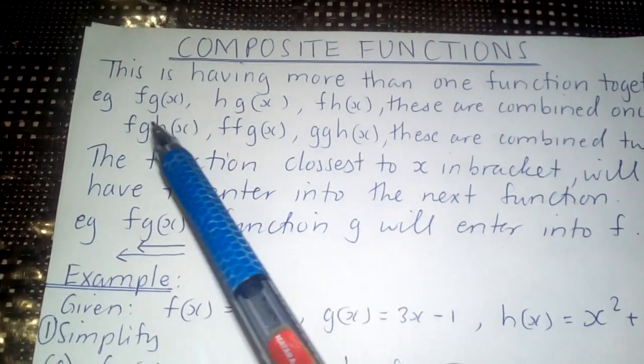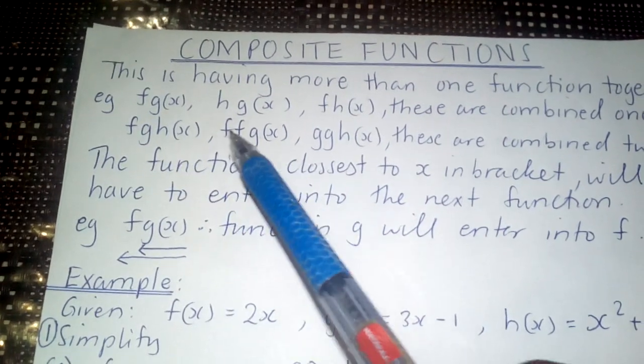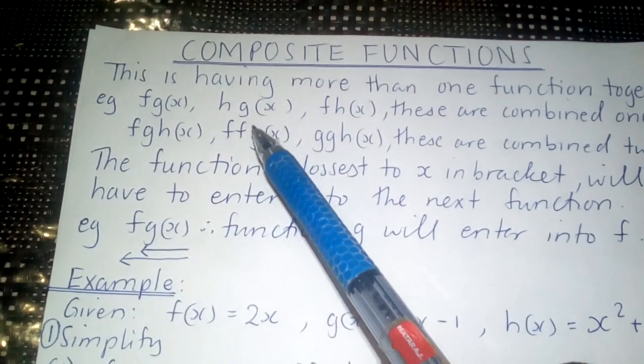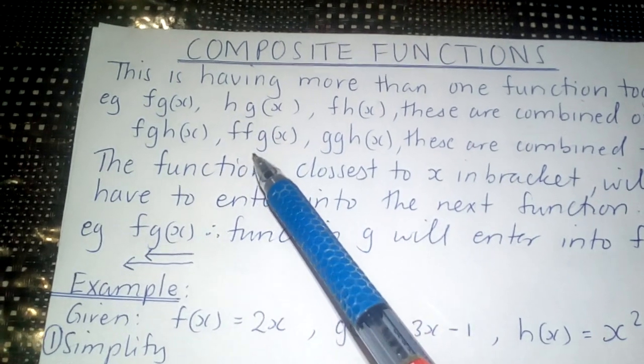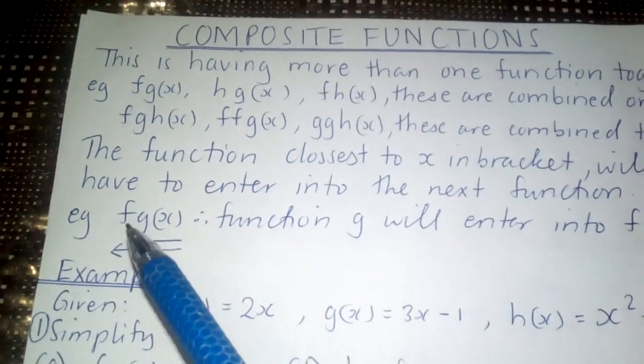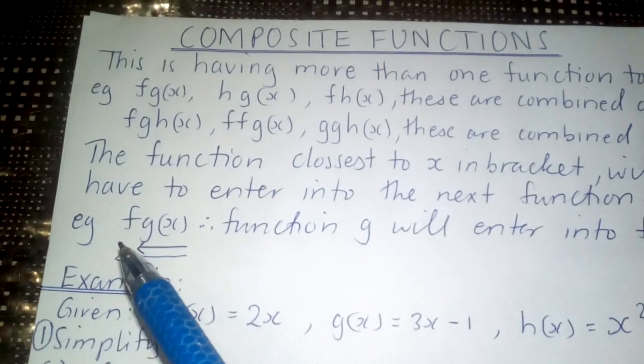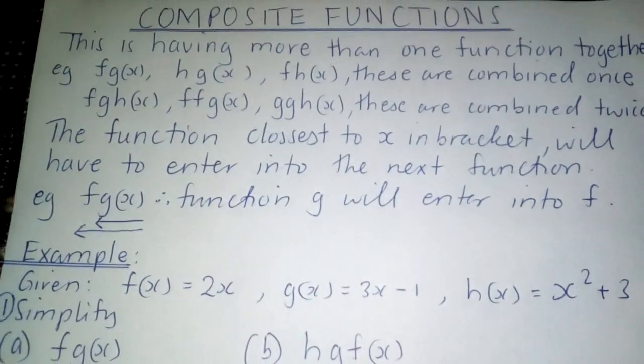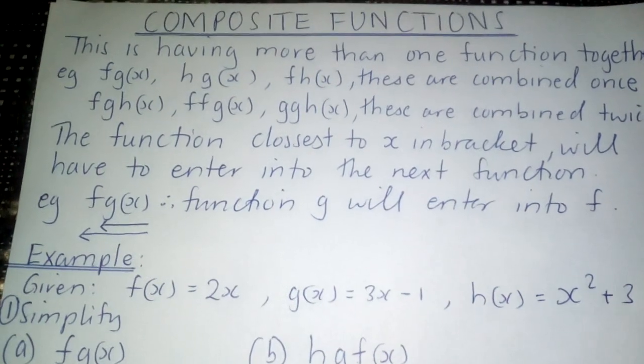So if I have three of them together, this is two combinations, meaning one combination with another, then combination with another. Now, if I have composite functions, how will I work out my problems?